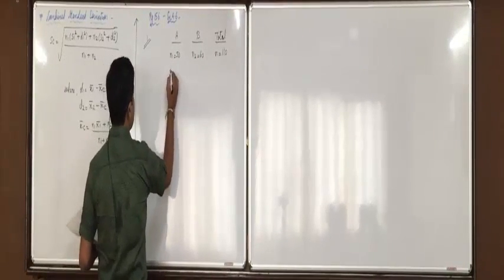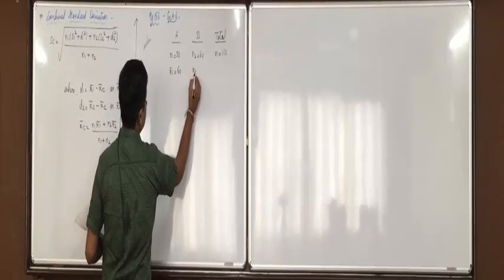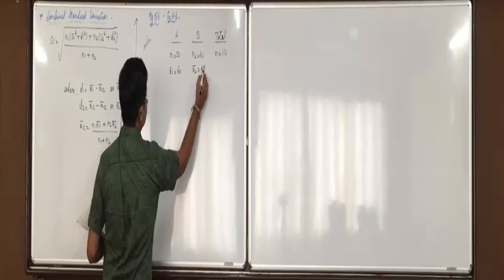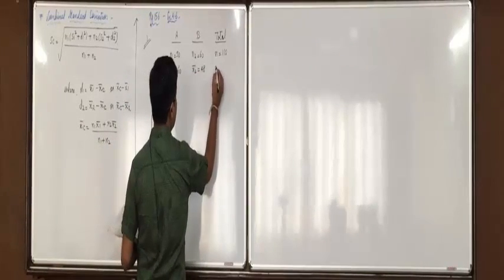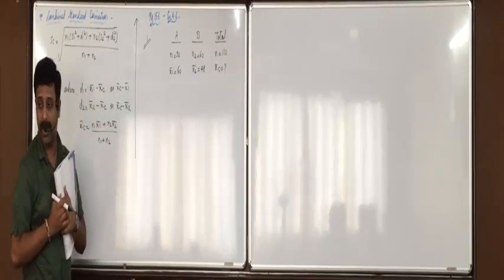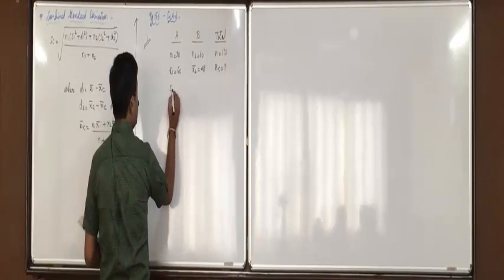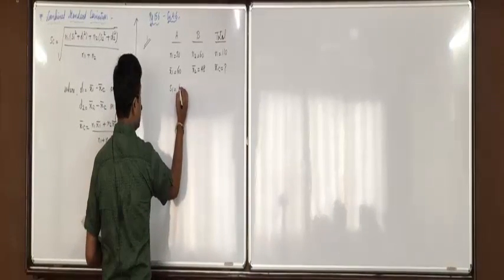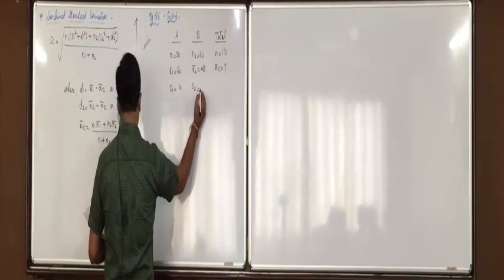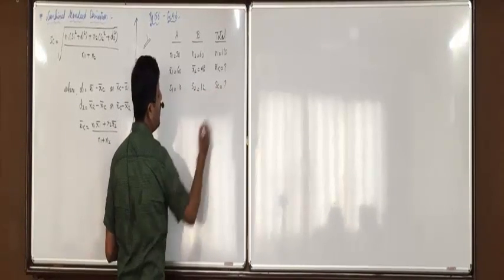Mean marks: x1 bar is 60, x2 bar is 48. Combined mean we have to find. Don't write 60 plus 48, 108; we have to find that by the formula. And standard deviation: s1 is 10, s2 is 12. Combined standard deviation is what we have to find.